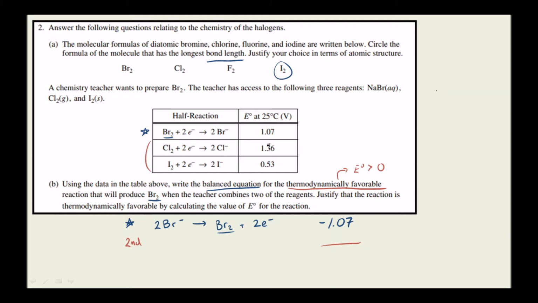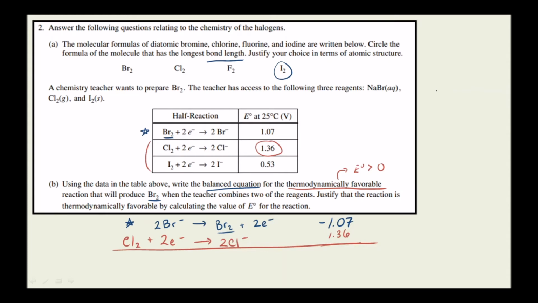And we can pretty easily see that the only option is the chlorine reaction, because 1.36 is greater than 1.07, giving us a positive E0, as opposed to the iodine half reaction, that will only add 0.53 and won't give us a positive E0. And this is as written, so the E naught for the chlorine half reaction will be positive 1.36.